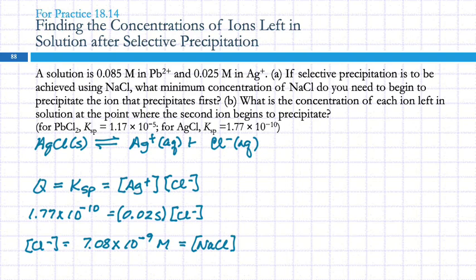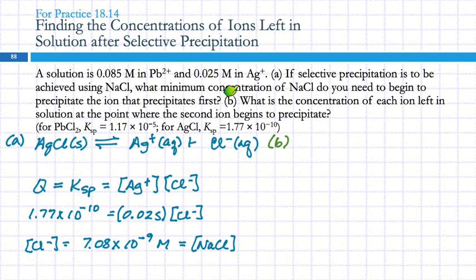What is the concentration of each ion left in solution at the point where the second ion begins to precipitate? So that's the answer to part A. Moving on to part B. Well, the second ion is lead.